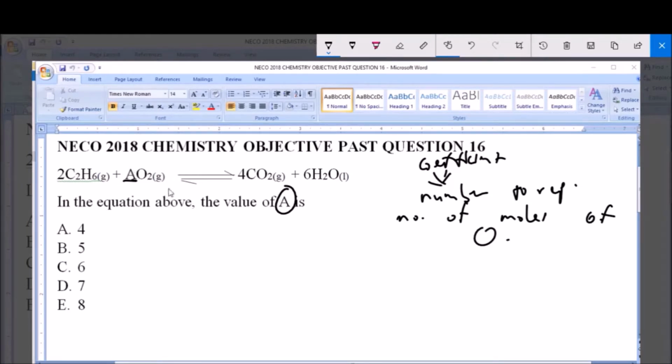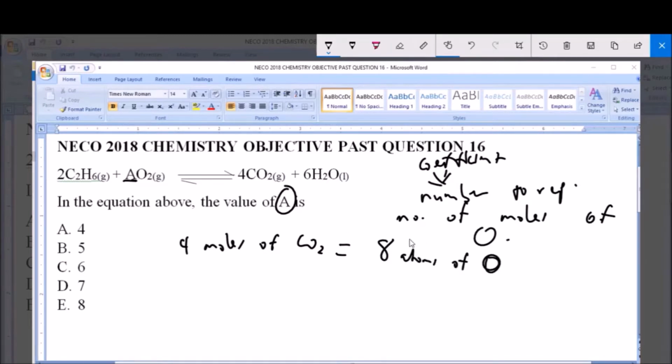What does A represent? Now, in order to find this, you check if the reaction is balanced, and from the look of things, the reaction isn't balanced. So you take a look at the number of oxygen you have on this side, and then use it to estimate the number of oxygen you have on this side. Now on this side, this is 4 times 2, you have 2 oxygen in CO2, 4 moles of CO2. So in 4 moles of CO2, you have 8 atoms of oxygen.